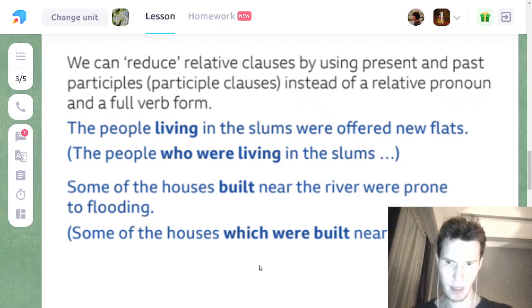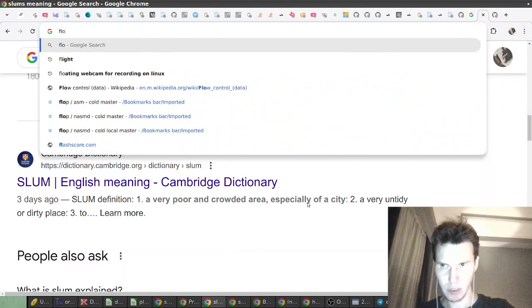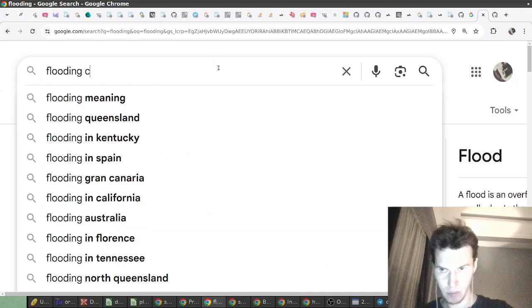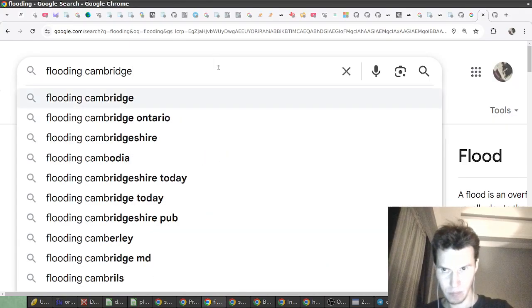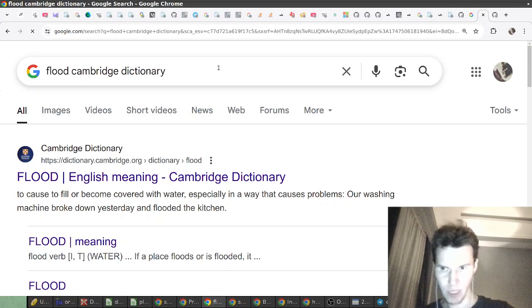Some of the houses built near the river were prone to flooding. Maybe flooding. Let me check it. Flood, maybe flood.